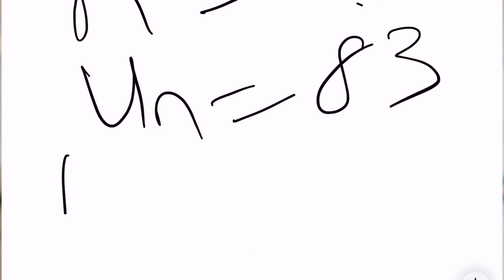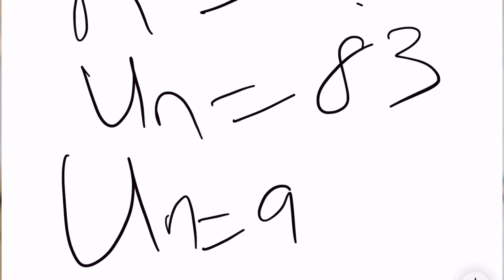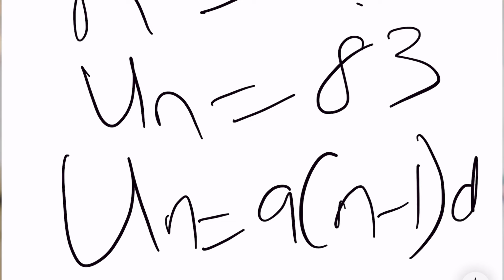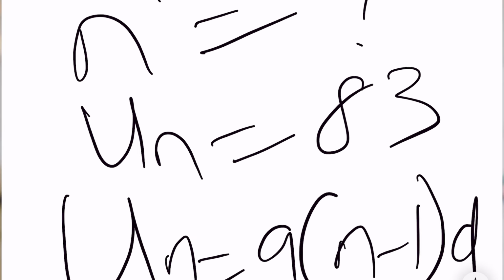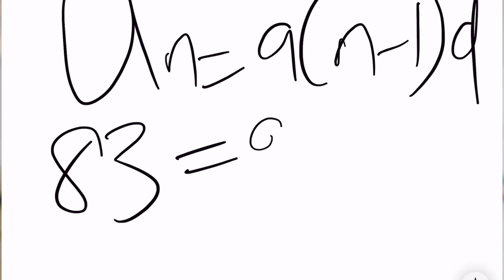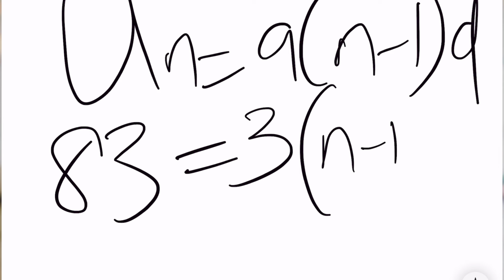So where we have un equals a plus n minus 1 d, we have our un to be 83, our a to be 3, n minus 1, and our d, which is 5.